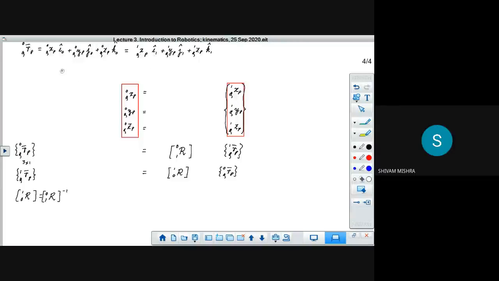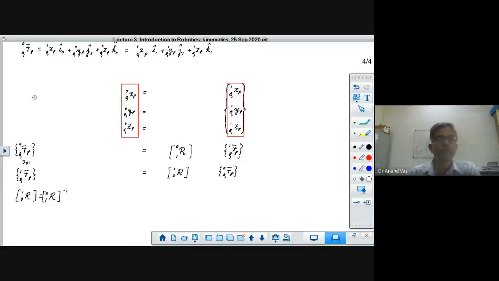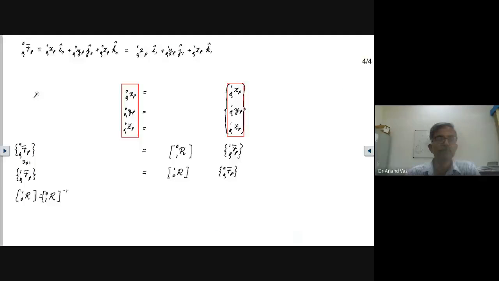So here we will take I naught dot I1, multiplied by XP.